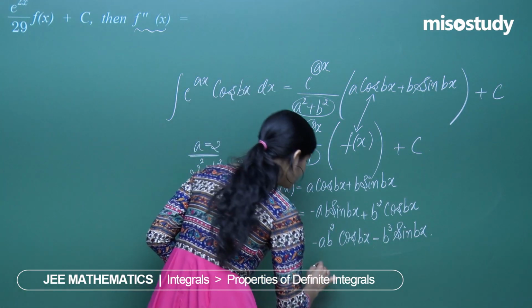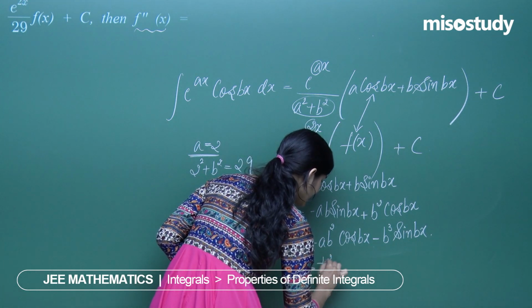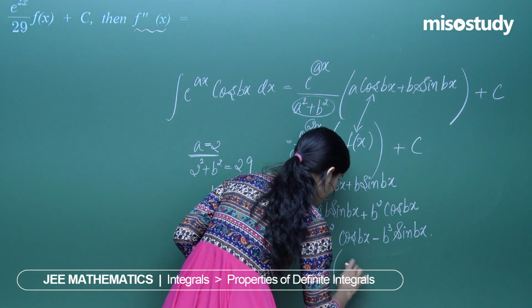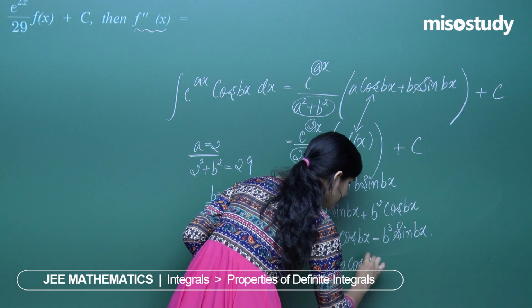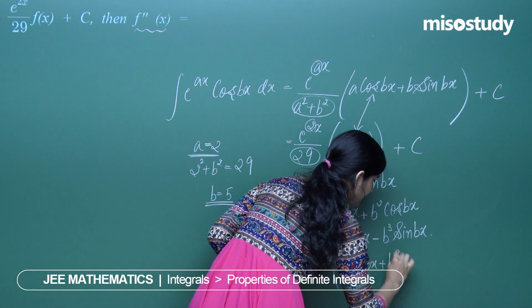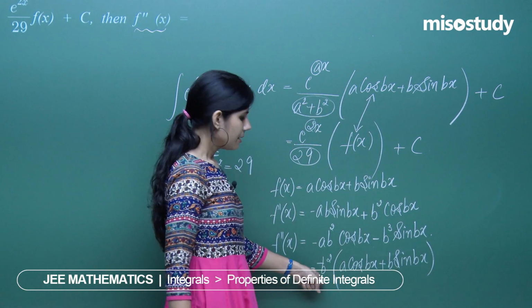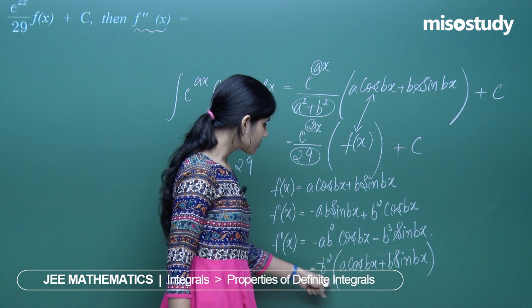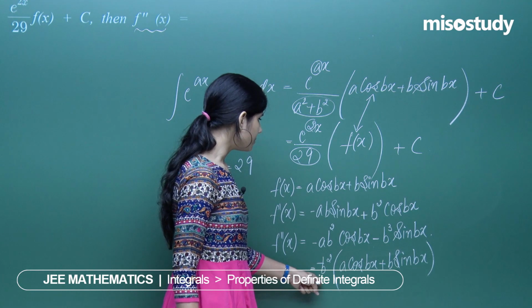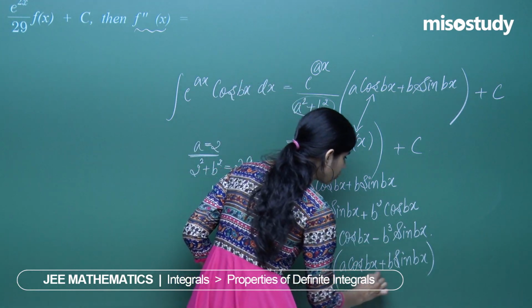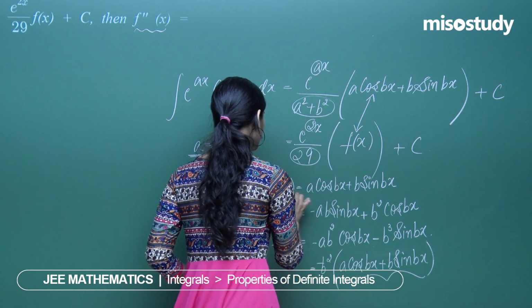So from here if you take out minus b square common, you are left with a cos bx plus b sin bx. Isn't it? This is minus a b square cos bx minus b cube sin bx, but a cos bx plus b sin bx is equal to fx.